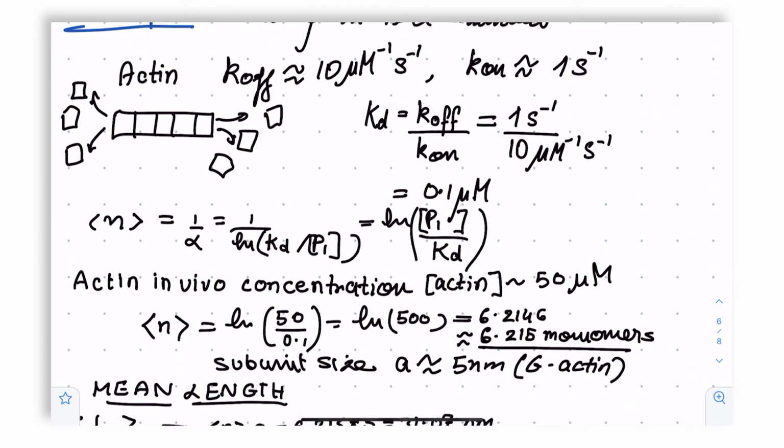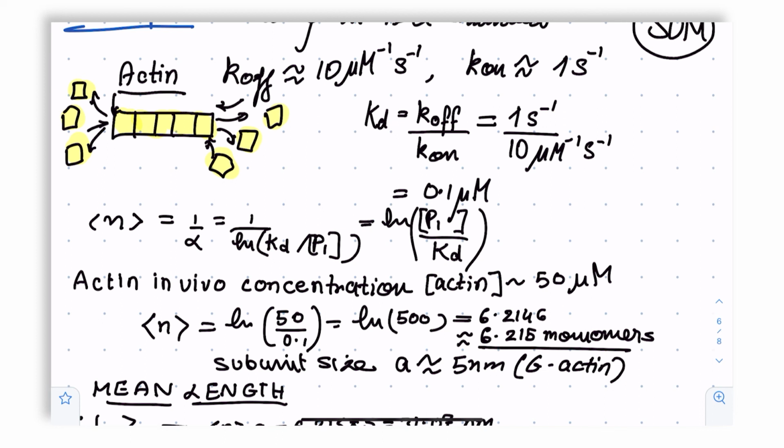This is the last part of this module, which is our sum. We're going to take actin, which again we say can behave as a symmetric polymer for this assumption, where growth and shrinkage happens at both ends by the addition of monomers into the lattice, and the K off is measured to be 10 per second, and K on is 1 per micromolar per second.